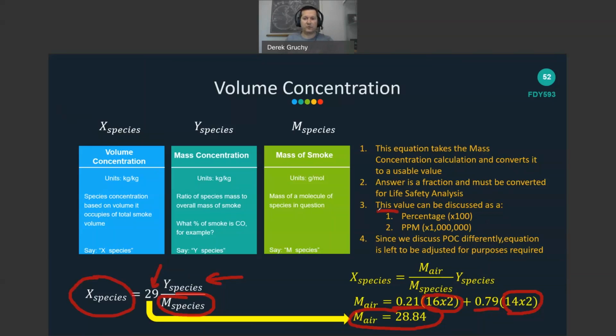And so that, once we get that value, we're going to convert that into either a percentage or parts per million, depending on the equation, how we need it to be. We'll do that conversion. So this number will be a fraction or a decimal between 0 and 1. And then we multiply it by 100 to get a percentage, or we multiply it by a million to get the parts per million.